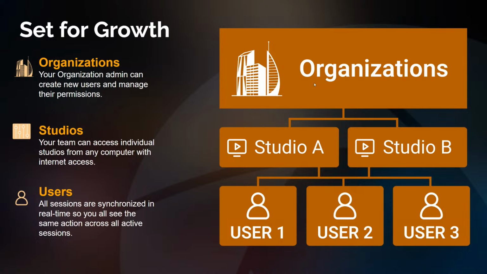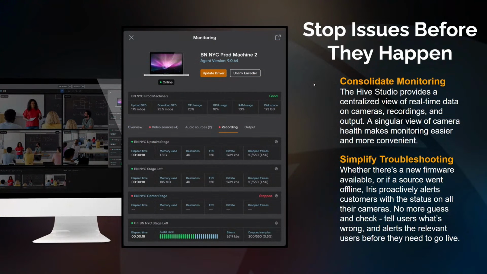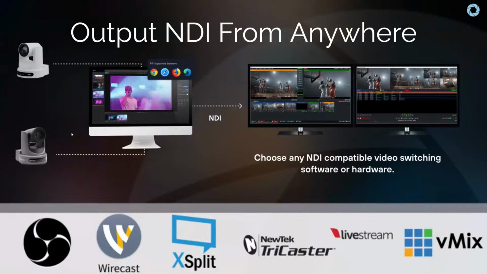We'll take a peek at that in just a moment, along with having the ability to monitor every device that's connected to your studio, so you can stop issues before they happen. We're tracking the important information like the resolution, the frame rate, dropped frames, the bit rate, so you can have really peace of mind when you're managing multiple studios. Maybe you're a church that has multiple satellite churches, for example. You can simplify troubleshooting and really consolidate everything.